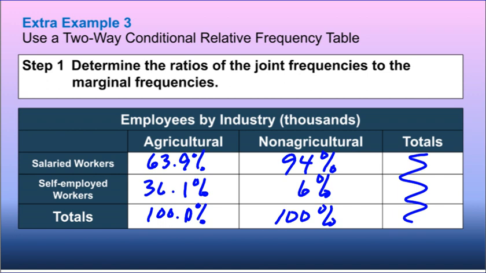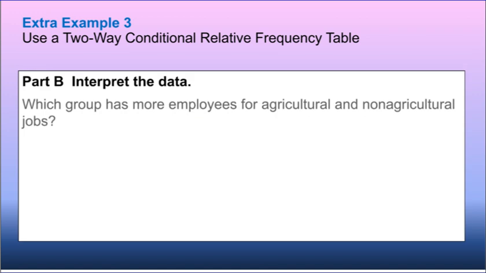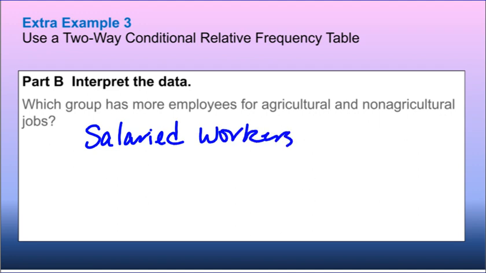So you're comparing agricultural and non-agricultural, the number of jobs here. So when you look at that, most of the workers are in salaried agricultural and non-agricultural workers. So that's where most of the workers are. So they would be salaried workers for ag and non-agricultural.